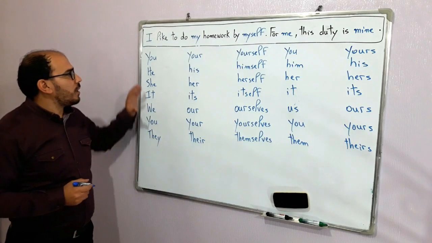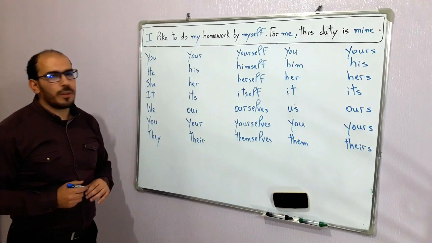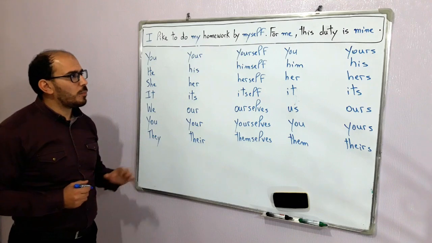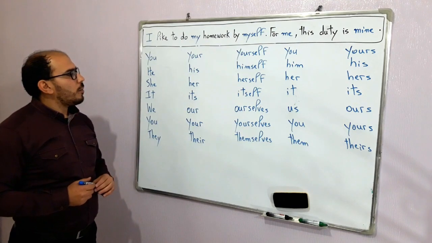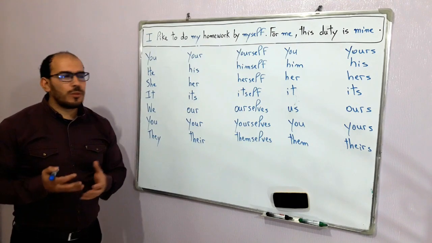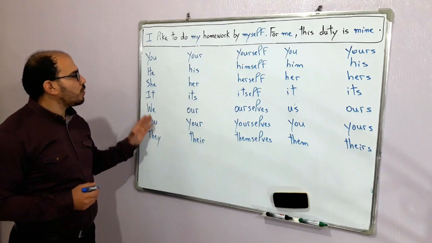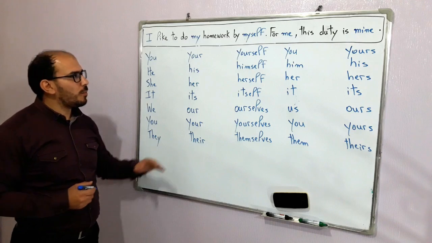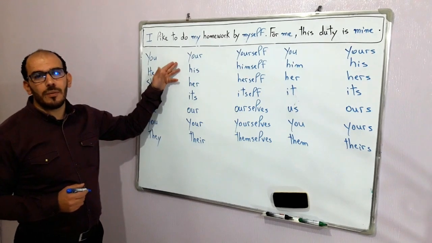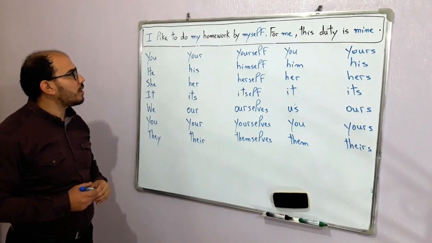So generally speaking, all these words written in the blue color are pronouns. But the question is how to differentiate between these pronouns. If I want to differentiate between these pronouns, I have to go back to the function of these pronouns in the sentence.